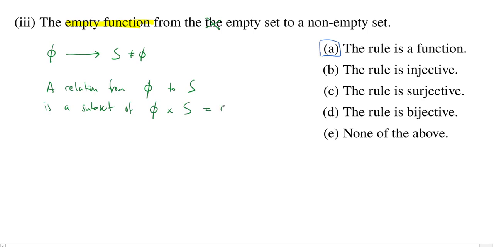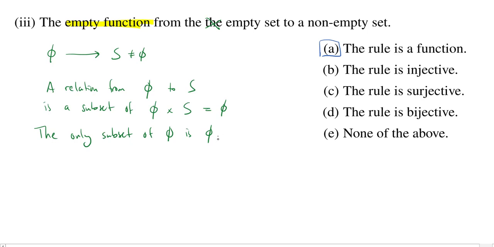So this Cartesian product is just the empty set. There are no pairs. So we need a subset of the empty set. Well, the empty set has only one subset, and that's itself. So this is the only possible relation from the empty set to S.